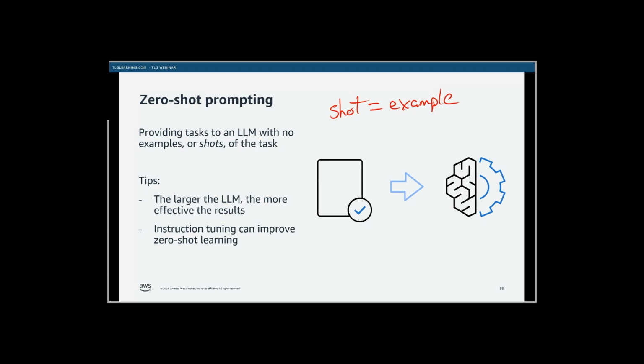And LLMs, especially these days, the earlier ones not so much. If you went back to ChatGPT-2 or something from a few years ago, they didn't work very well with zero shot sort of prompting. You get really bizarre, crazy answers that were seemingly a jumble of words. But the LLMs that we're working with today, the more recent iterations of those, are very adept at working with zero shot prompting.